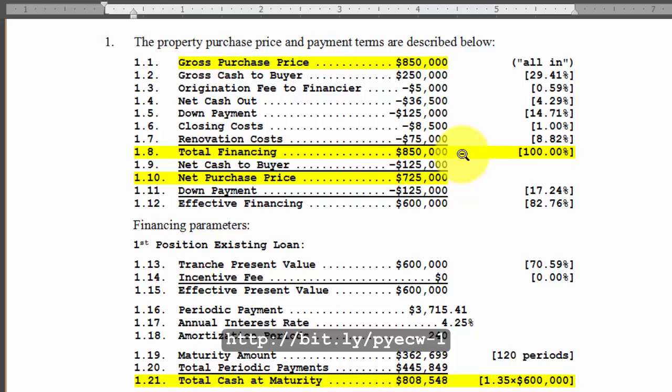Total financing adds up to the same amount. Actually, we're getting a net cash to buyer of $125,000, so the net purchase price is $725,000. The seller's getting a down payment of $125,000, leaving effective financing of $600,000.